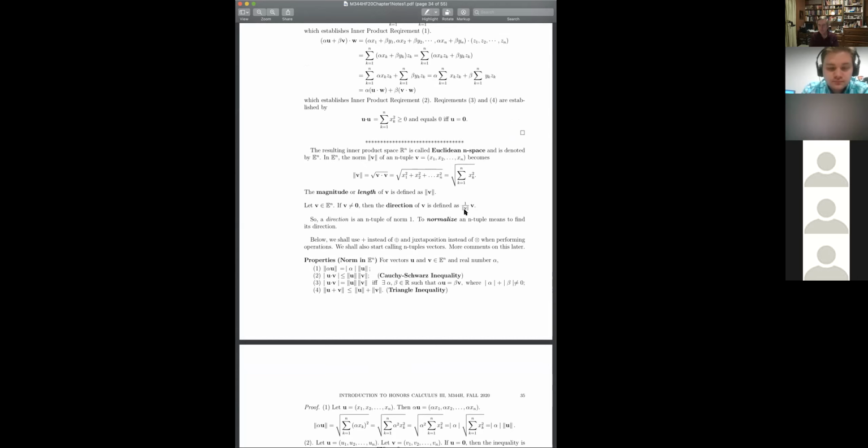Now, geometrically, if you think about an arrow extending from the origin, suppose the arrow is length 5. All you do is find on the arrow what length 1 is, and that's the direction. So when I have a vector coming out of the origin, the direction is another arrow, just like this same arrow, except it's only length 1.